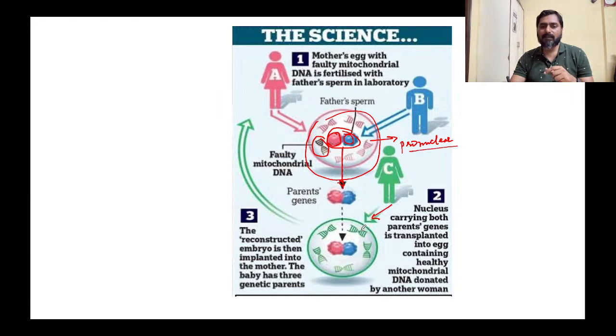In that healthy egg cell you have all the mitochondrial DNAs that are healthy. We have removed her nucleus and added this pronucleus to this cell. Now this will behave like a zygote, and when you give it an electrical shock, it starts to multiply and becomes an embryo, and then it can be transplanted to this mother.